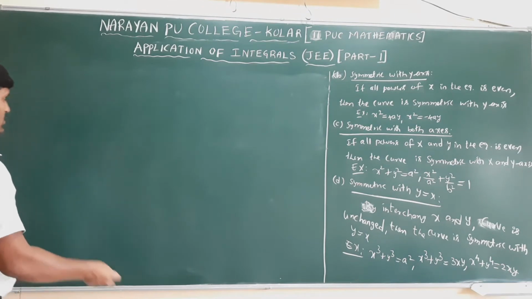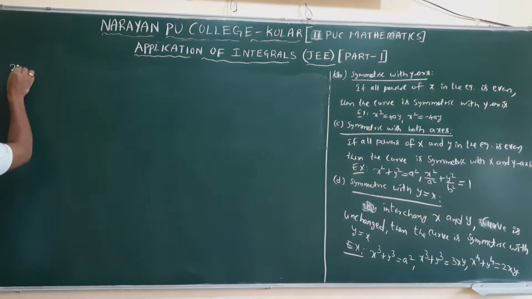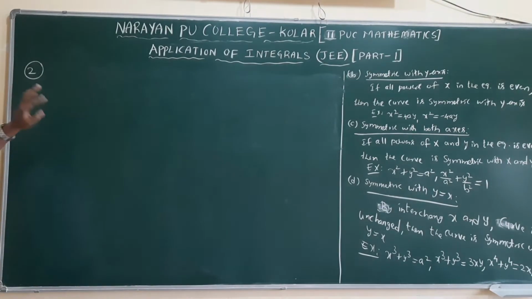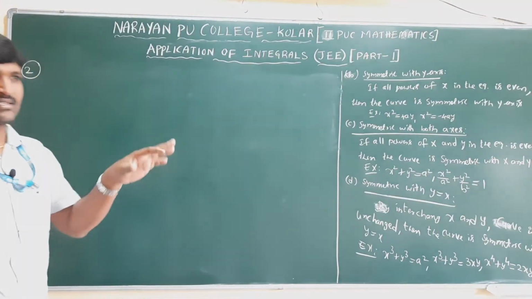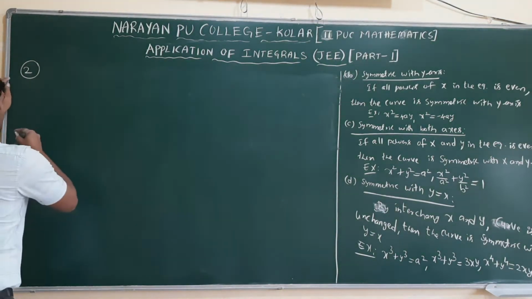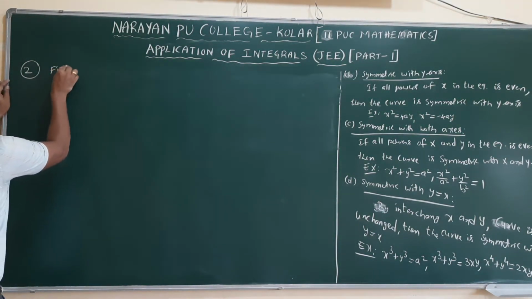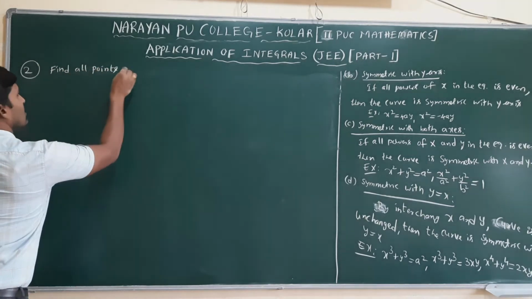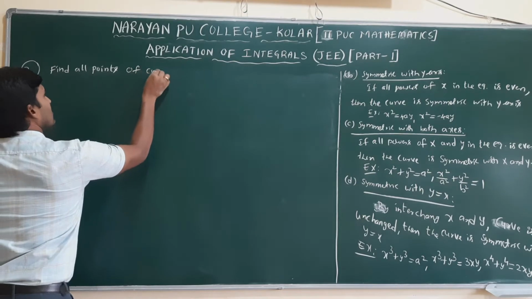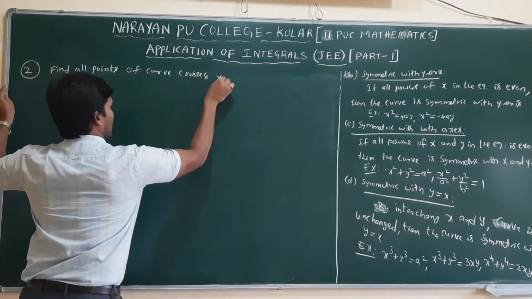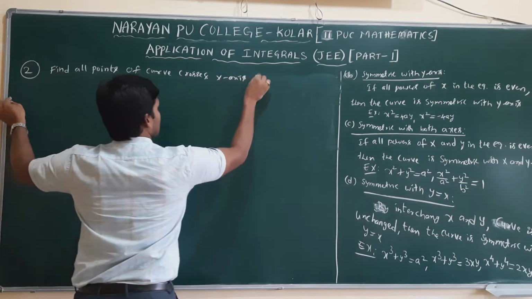That is a symmetry about different conditions. Now coming to point number 2. After verifying that the curve is symmetric about an axis, both axes, or the line y equals x, the second point is to find all points where the curve crosses the x and y axes.